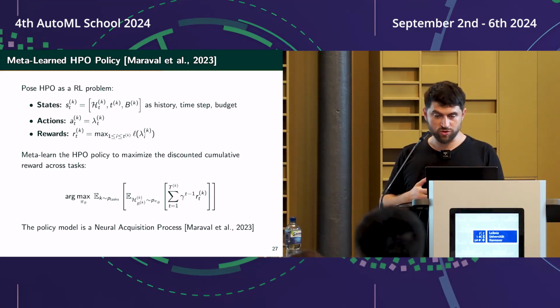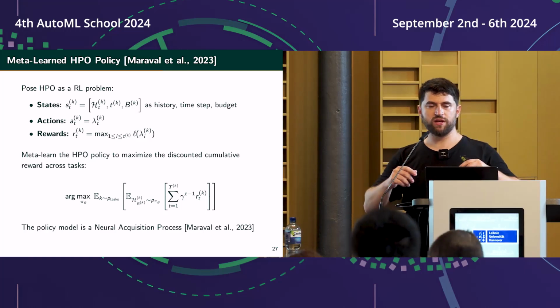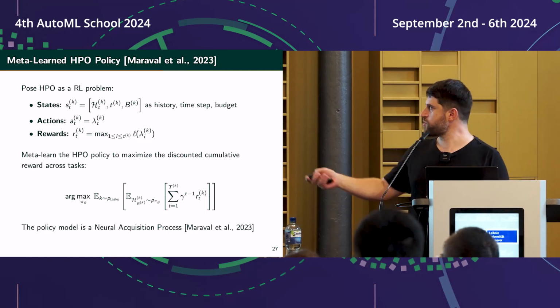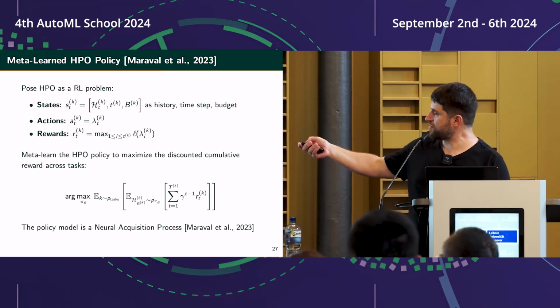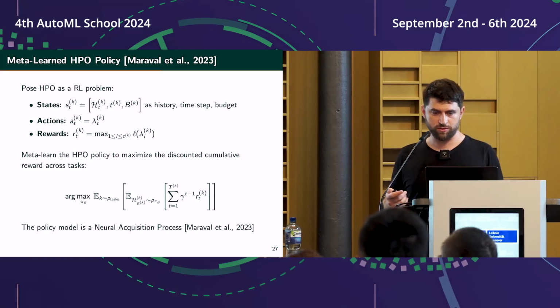So you want to have a way of posing the question of HPO as a reinforcement learning, and the reward is just the best achieved accuracy or the smallest achieved error so far.